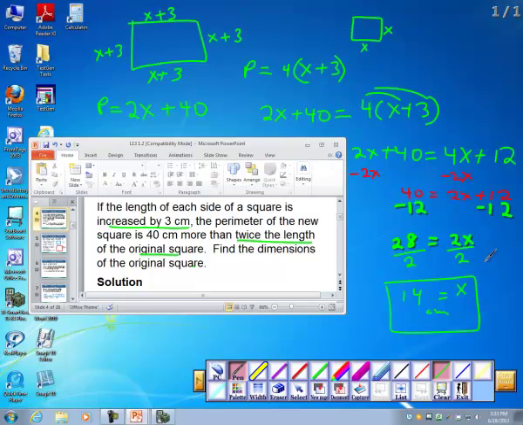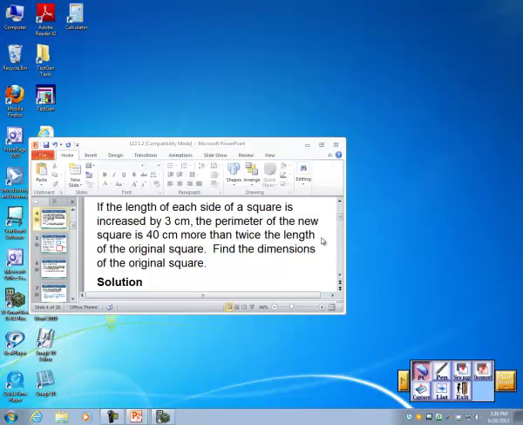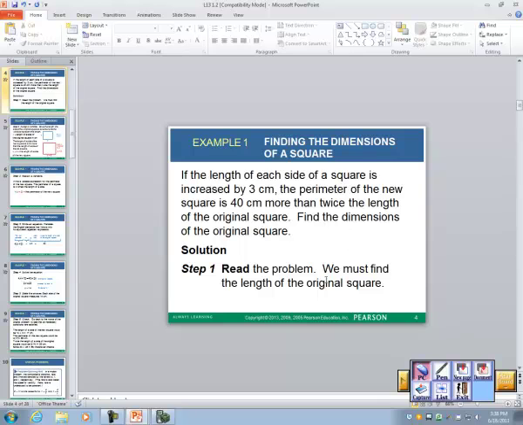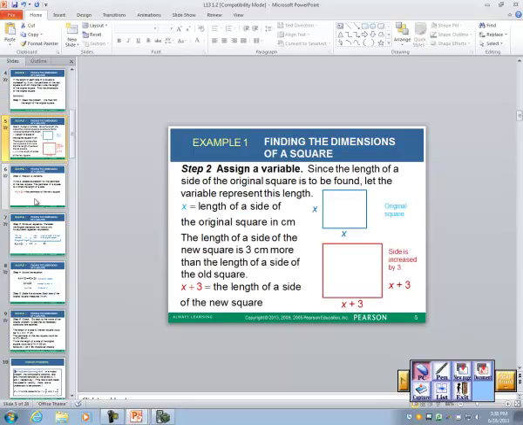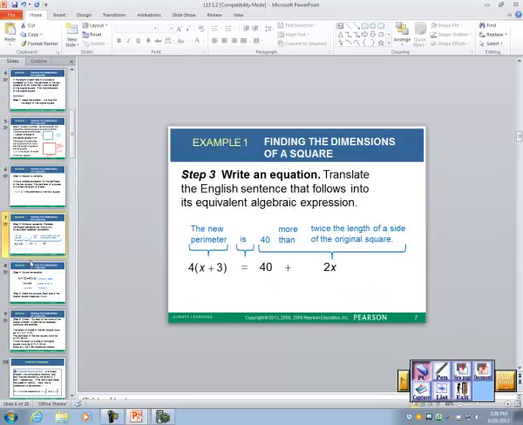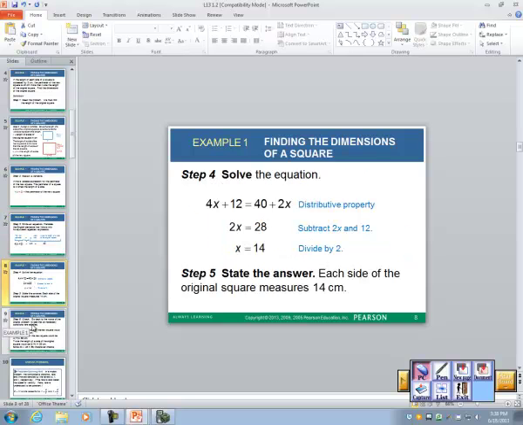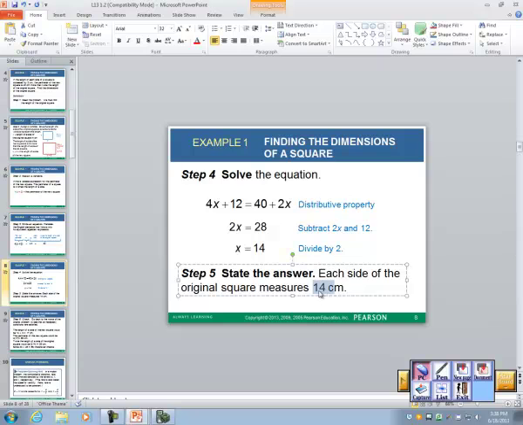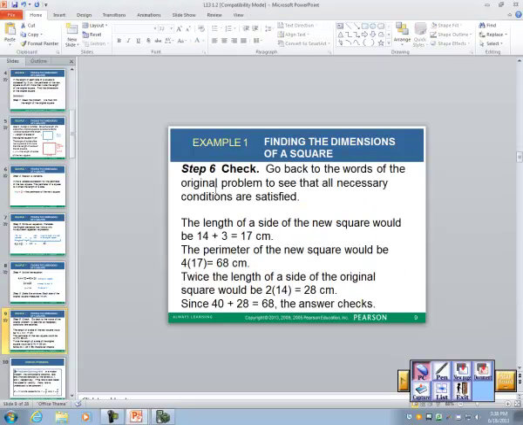Okay, so let's go back to our problem. And we did all this. So this is what we got right here, 14 centimeters. Step 6, go back to the original problem to see if any conditions are satisfied.